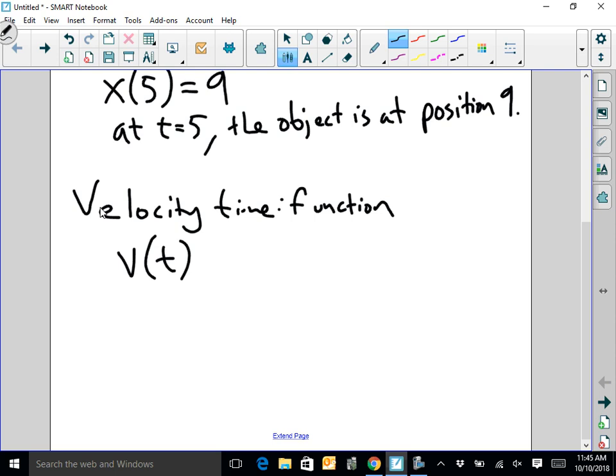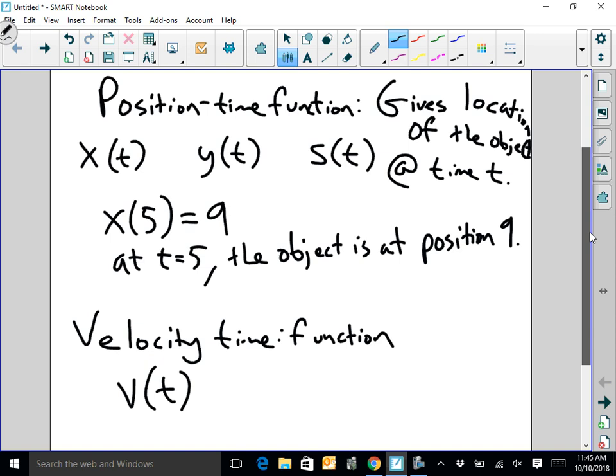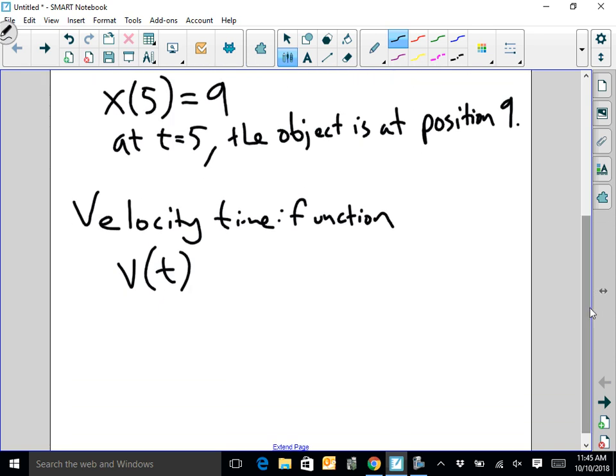Okay. So let's take a look at the velocity time function. So what does that do? This function gives you velocity at time t.